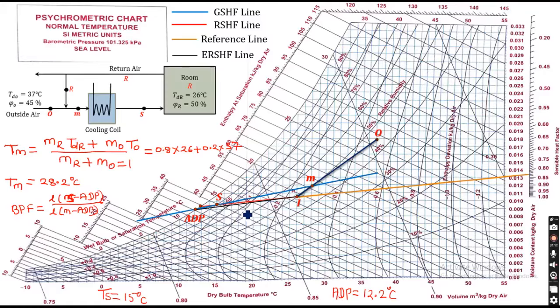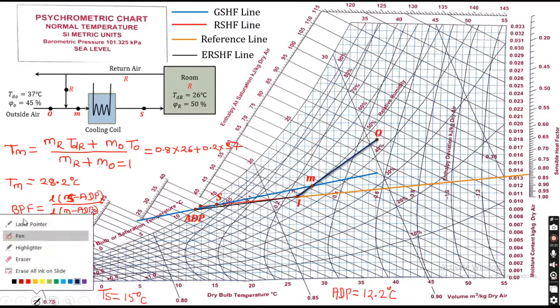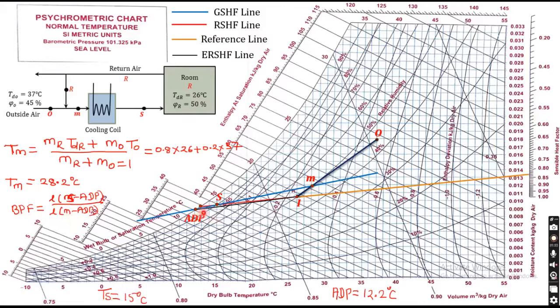Now in order to find out the effective room sensible heat factor, if we extend the black line up to the sensible heat factor scale on this side, then the value where the line touches this scale is nothing but the effective room sensible heat factor.